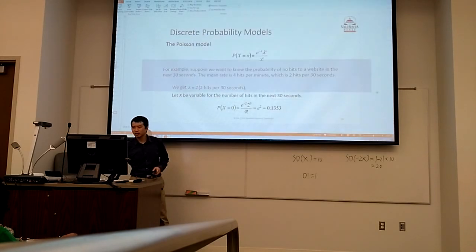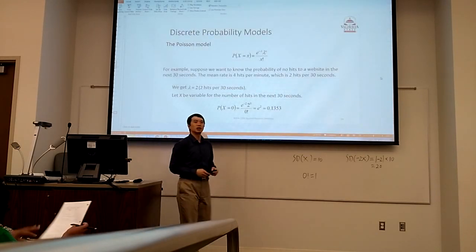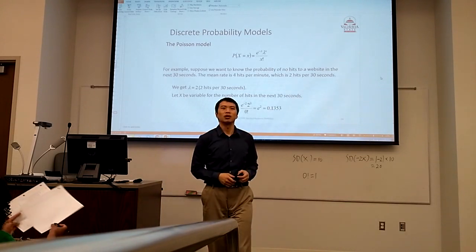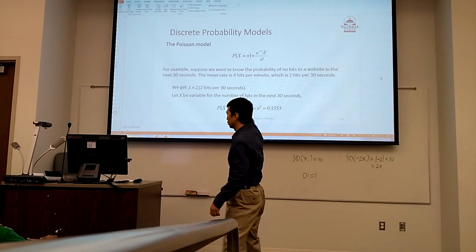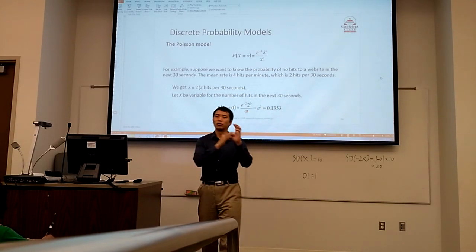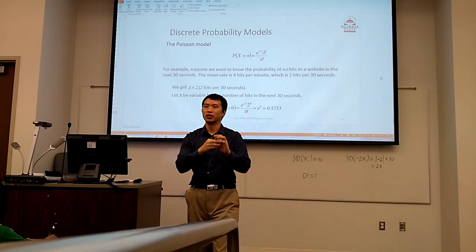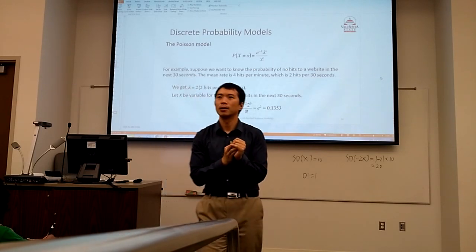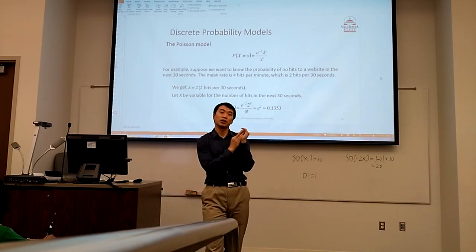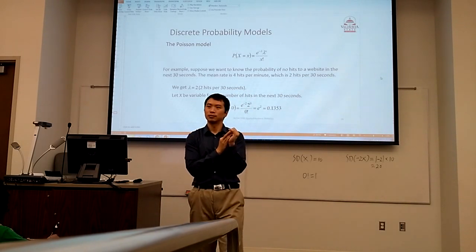Given this description, how do we know it's about the Poisson model? We already learned all the models: uniform, geometric, binomial, Poisson. How do we know it's talking about the Poisson model?